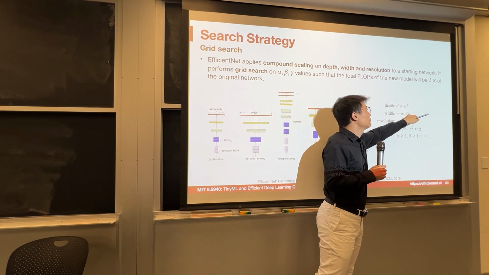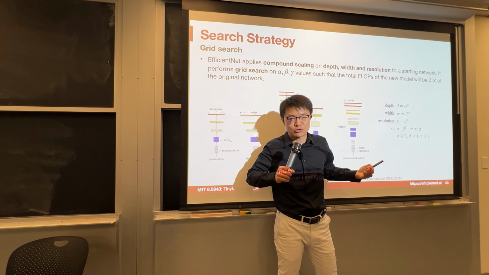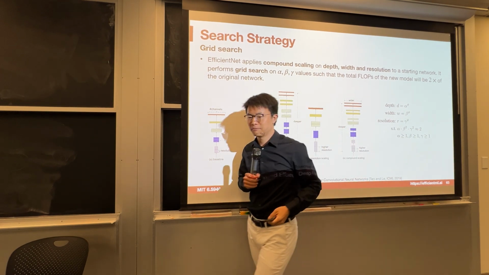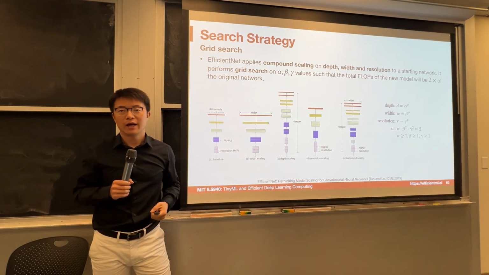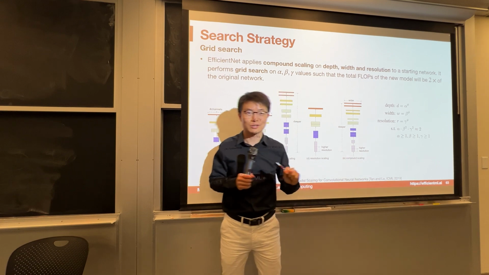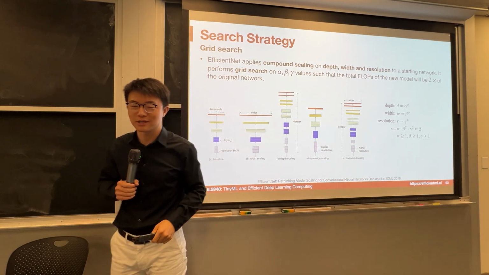If you want to find a different size of model, not necessarily 2x, maybe 3x or 4x, we can just control this phi. So this gives you a very good insight into where compound scaling is helpful. Don't just tune one dimension, but tune them all together.